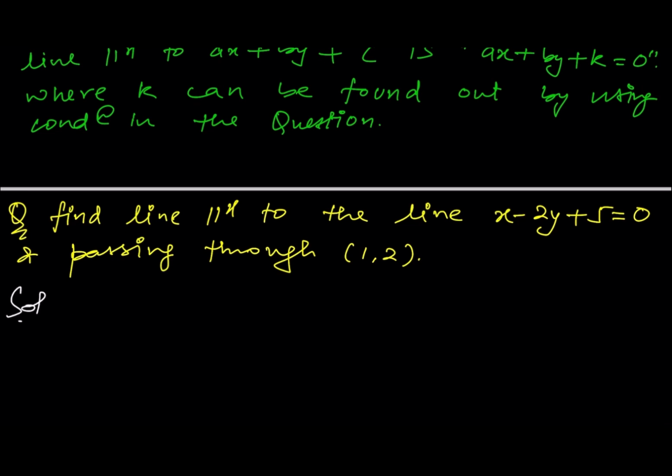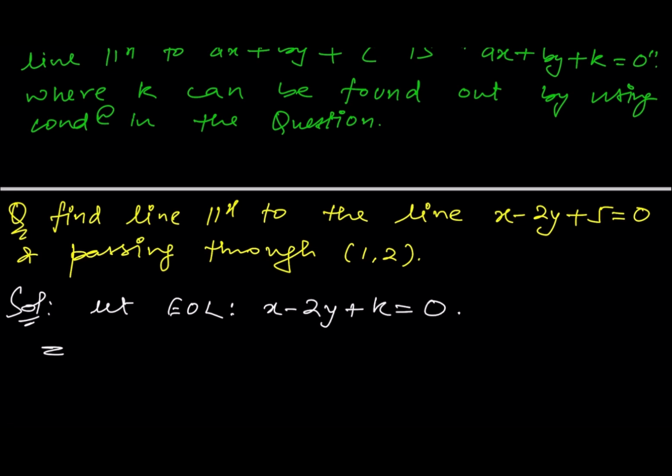So here it is a line x minus 2y plus 5 is equal to 0, to which a line is parallel, which is passing through (1, 2). So let the equation of the line be x minus 2y plus k is equal to 0.